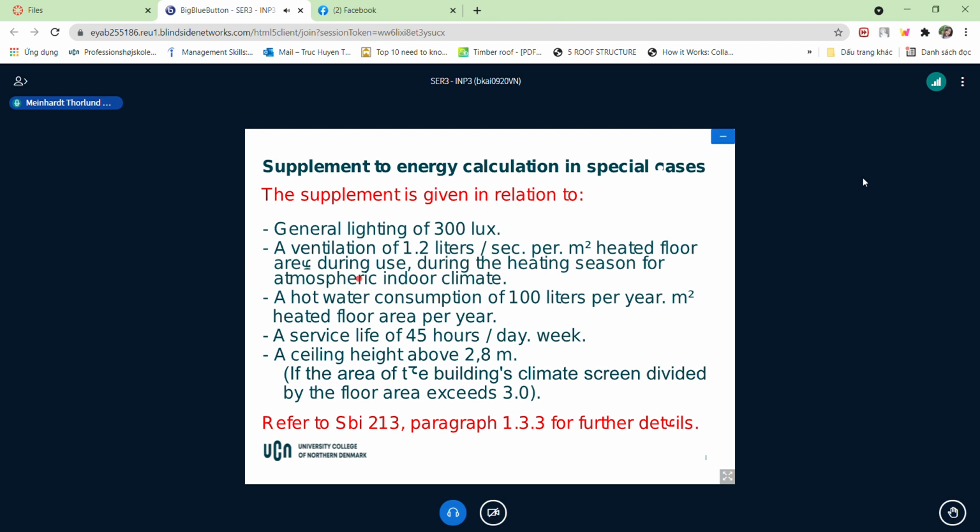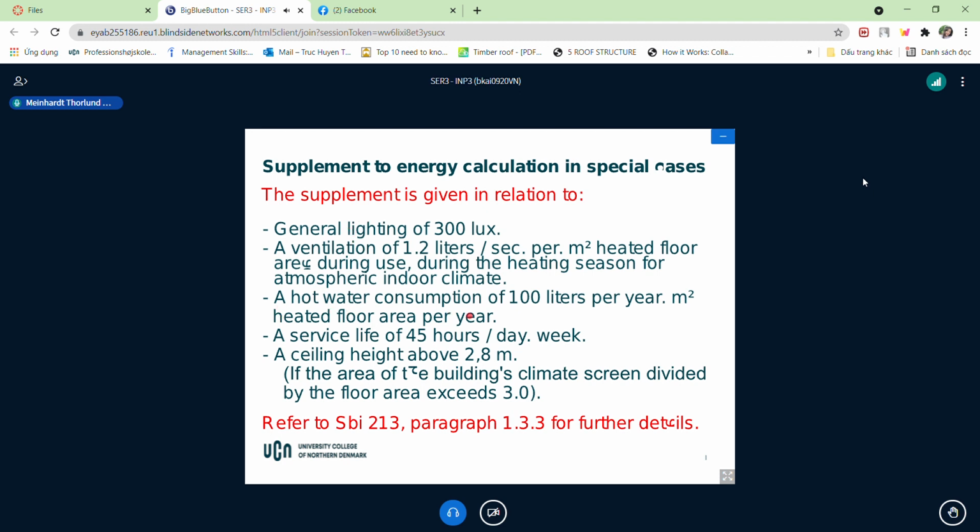This could be an auditorium or a big lecture hall, for instance, or a cinema, basically places where people are sitting really tight and there are a lot of people per square meter. You will have a requirement which is above 1.2 liters, and in this case, you can also get an addition or supplement to your energy calculation.